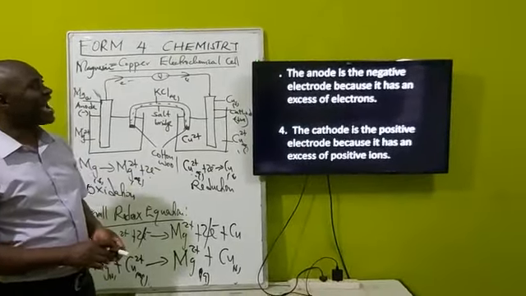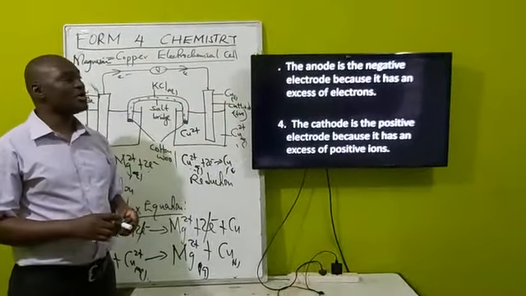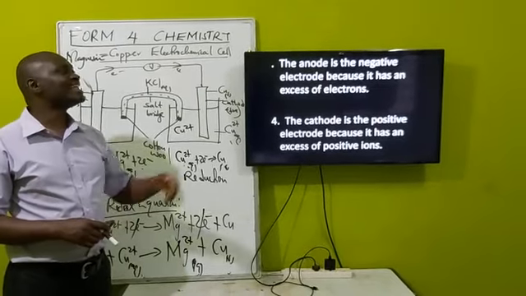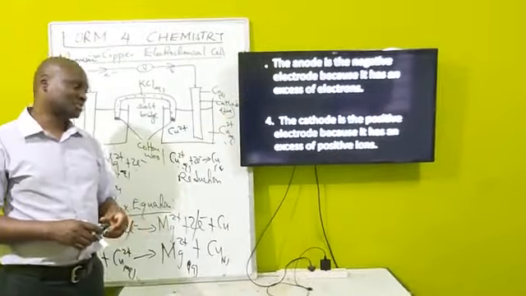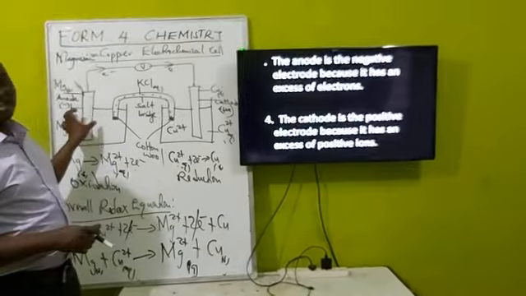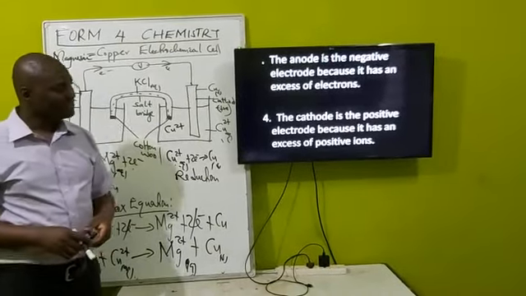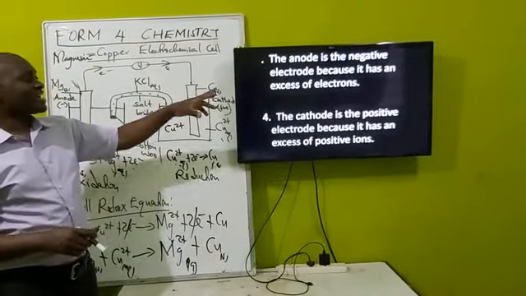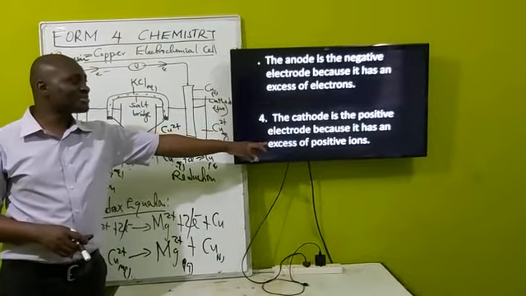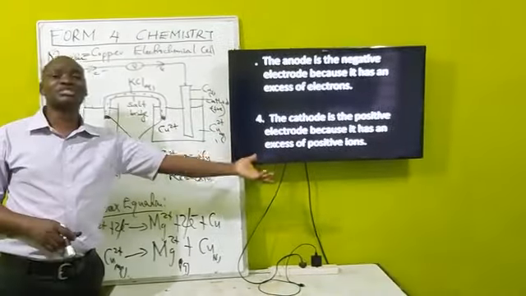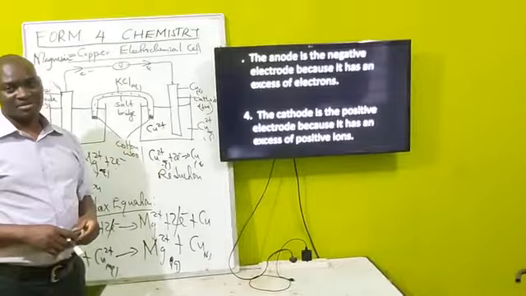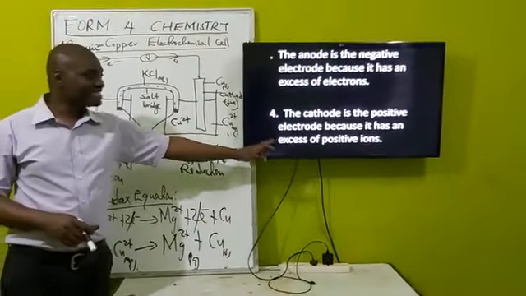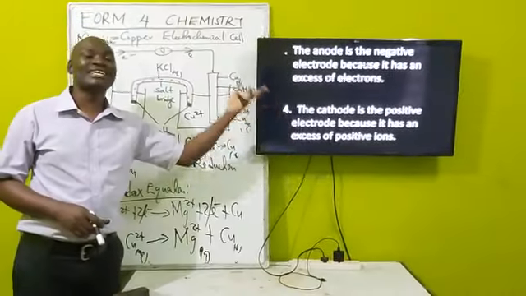So we are saying that the anode is the negative electrode because it has an excess of electrons. Now, the cathode is the positive electrode because it has an excess of positive ions, meaning it has fewer electrons.